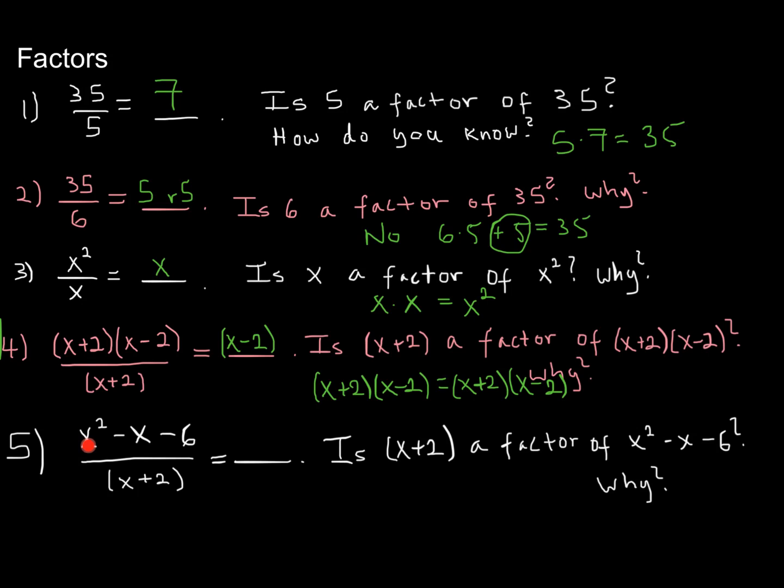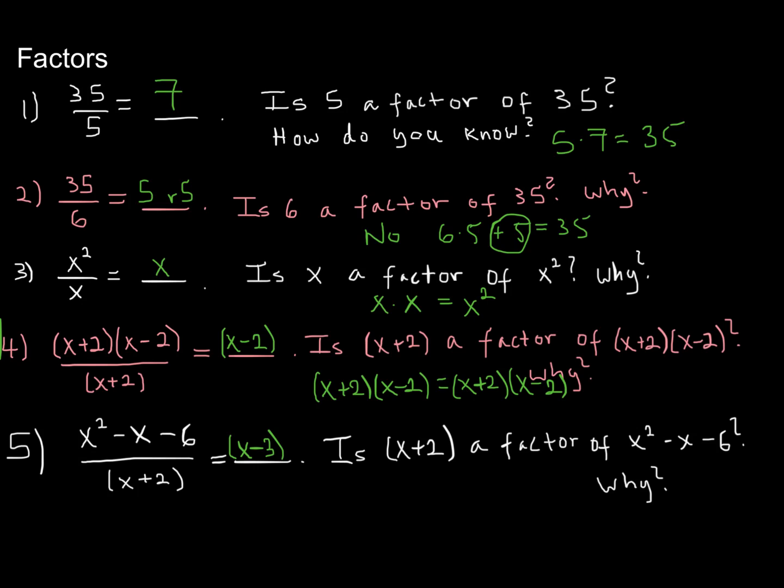All right, what about x squared minus x minus 6 divided by x plus 2? Let's ask ourselves the same question. Is there anything that I can multiply x plus 2 by to get x squared minus x minus 6? Well, let's think about it. If you remember how to FOIL, how to multiply two binomials, you know that if you had x plus 2 times x minus 3, and you multiplied those two together, you would get x squared minus x minus 6.